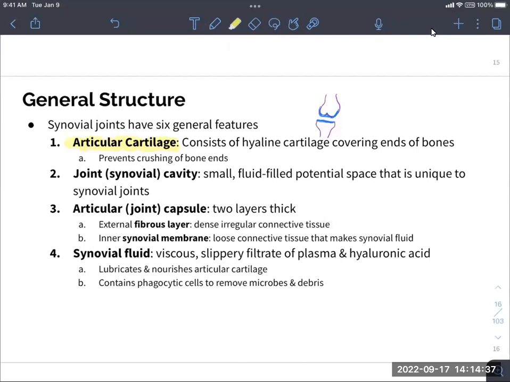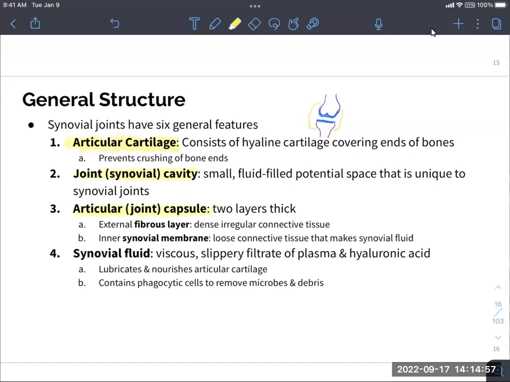They are going to have a joint cavity. They've got some kind of cavity here around the joint.